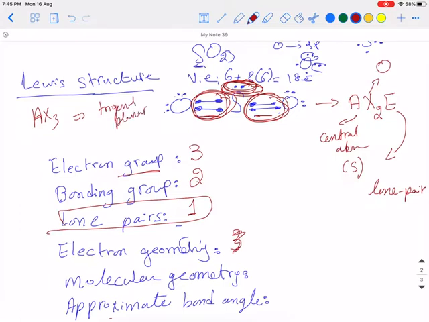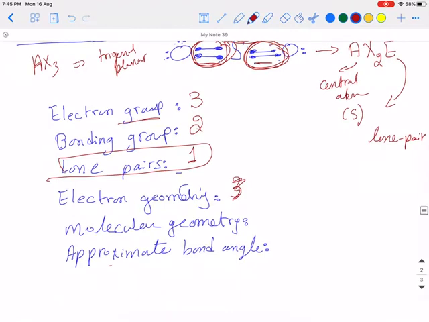But here, instead of one bond, it got substituted by a lone pair, which has more electron repulsion effect. So the angle will be less than 120.